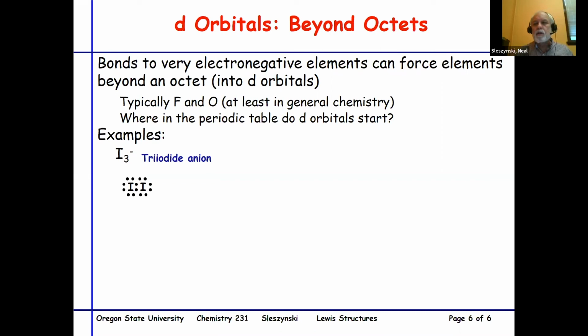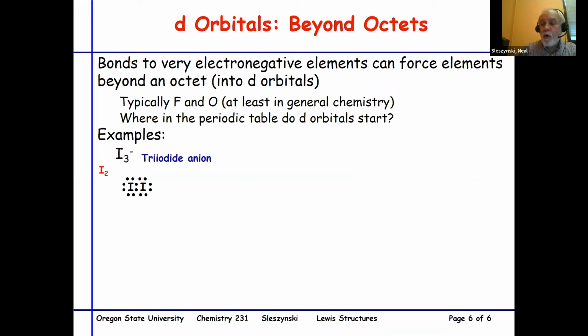And if we bond 2 iodine atoms together in an I2 molecule, which is a perfectly reasonable representation, I2 exists. It is the natural form found for iodine. We've got both of these iodine atoms having completed their octet.